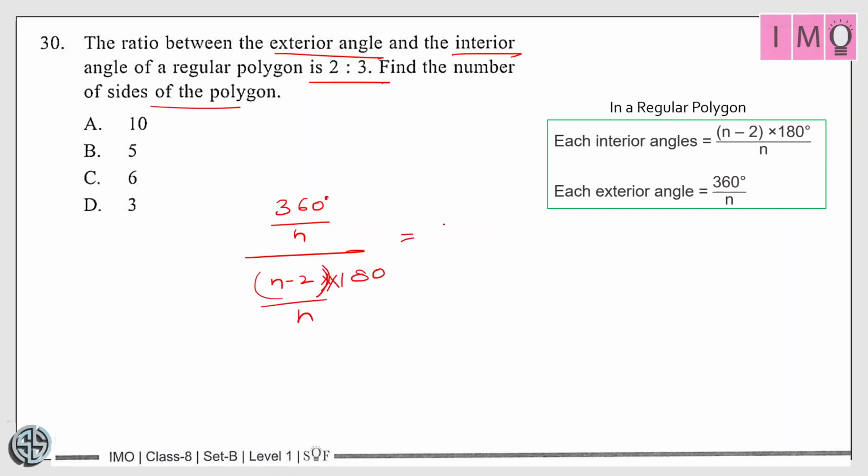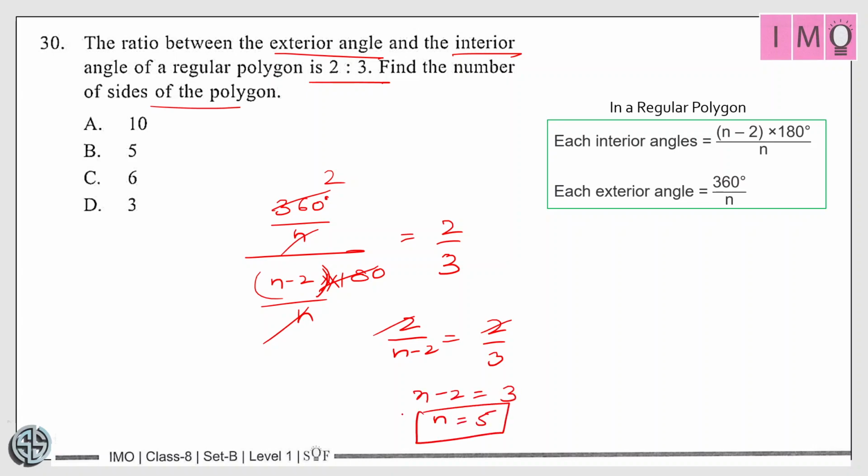So n will be cancelled out, 180 twice. Now 2 upon n minus 2 is equal to 2 upon 3. 2 will be cancelled out with 2. So n minus 2 will become 3. So the value of n will become 5. So it is a 5-sided polygon, right?